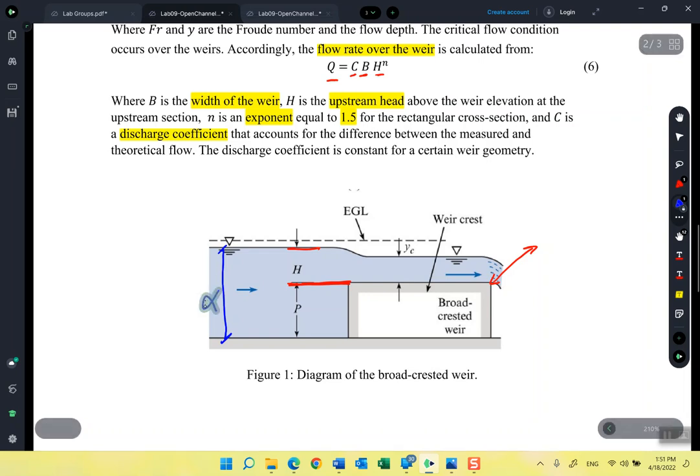This is the depth upstream. This is the value that we measure. And this is the height of the weir, which is 0.1 meters. So to get the head upstream, you will subtract 0.1 from the depth upstream.